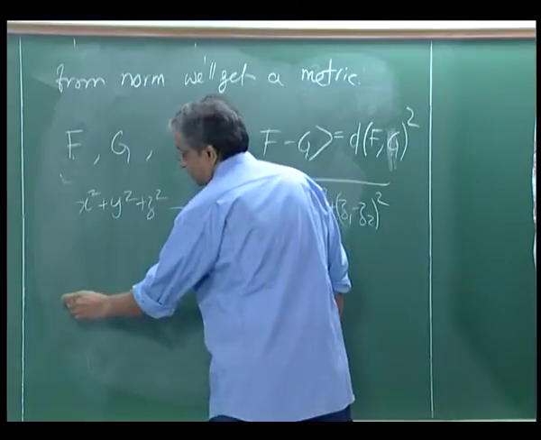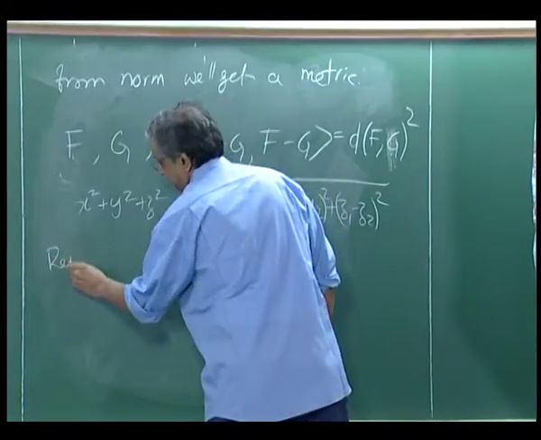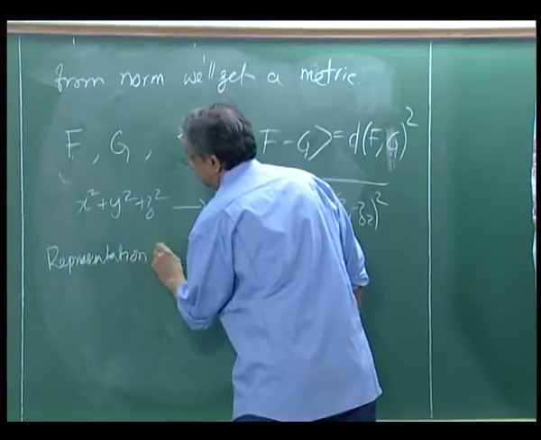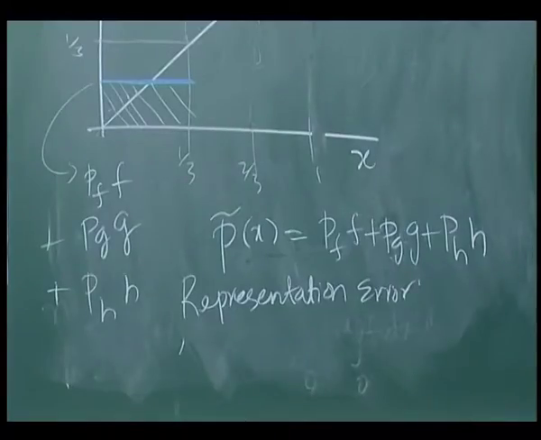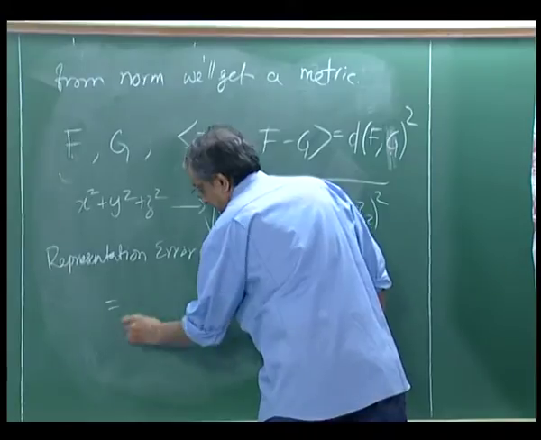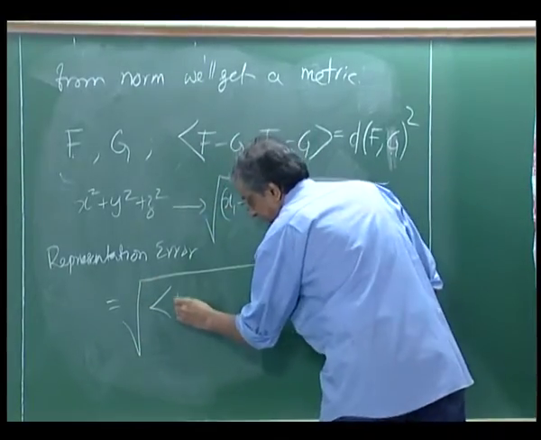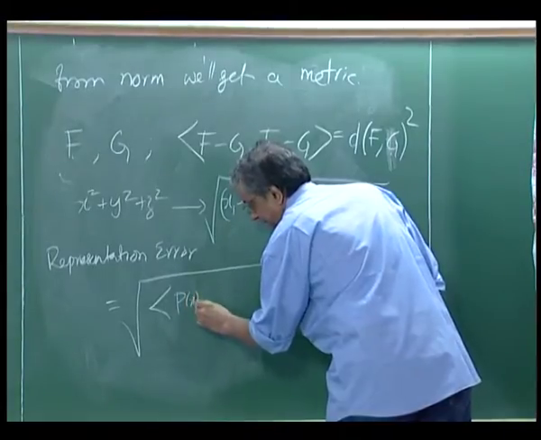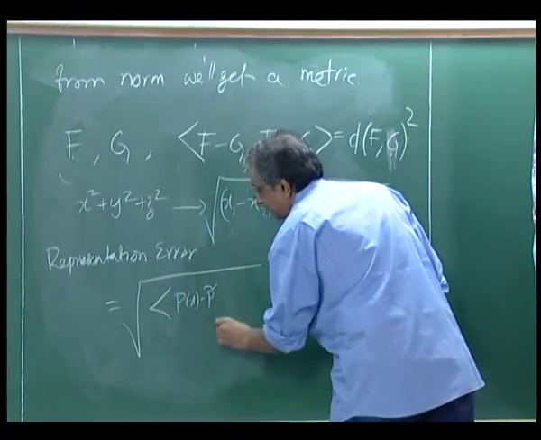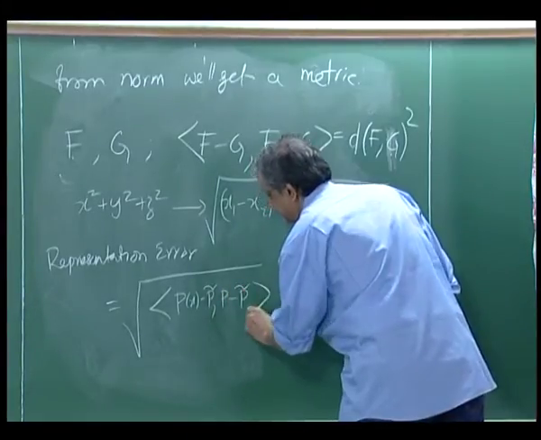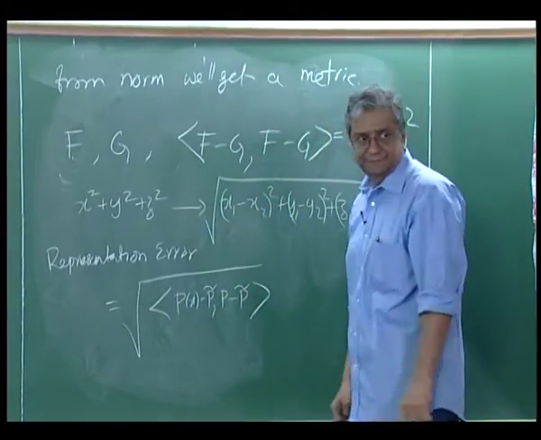So now I can ask the question: representation error I can define as the square root of the dot product of p minus p tilde with itself. Is that fine?